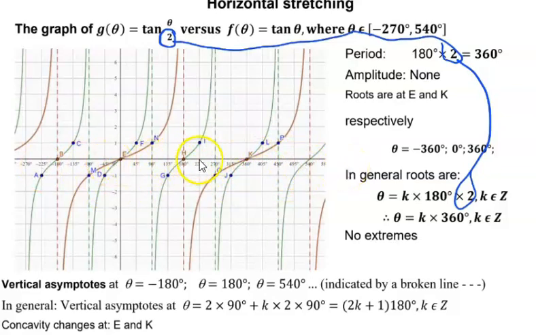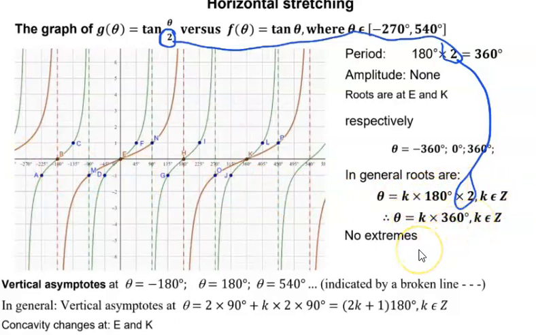It runs slower. We do not have any amplitude. We only see 2 roots here, but there are more. What we saw here is 0 and 360 degrees, and we can assume minus 360 degrees is part of that. And we can write down the general formula.